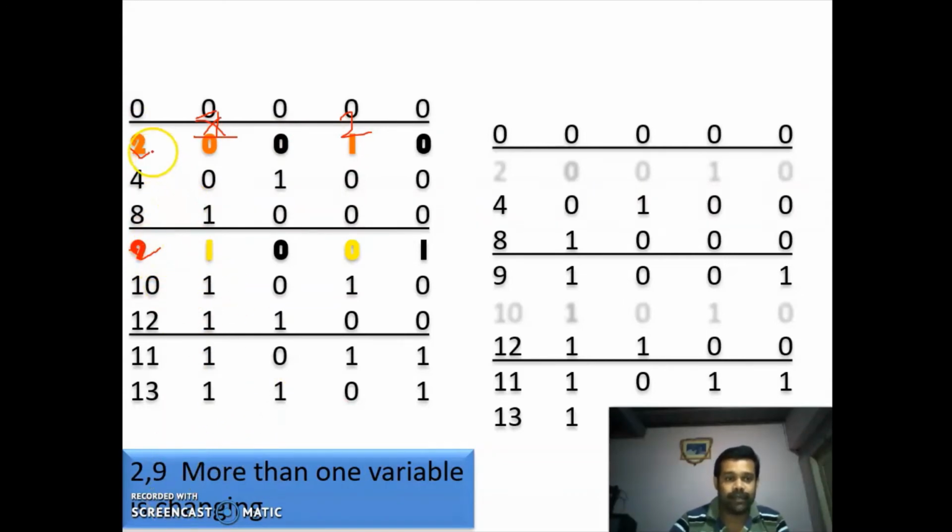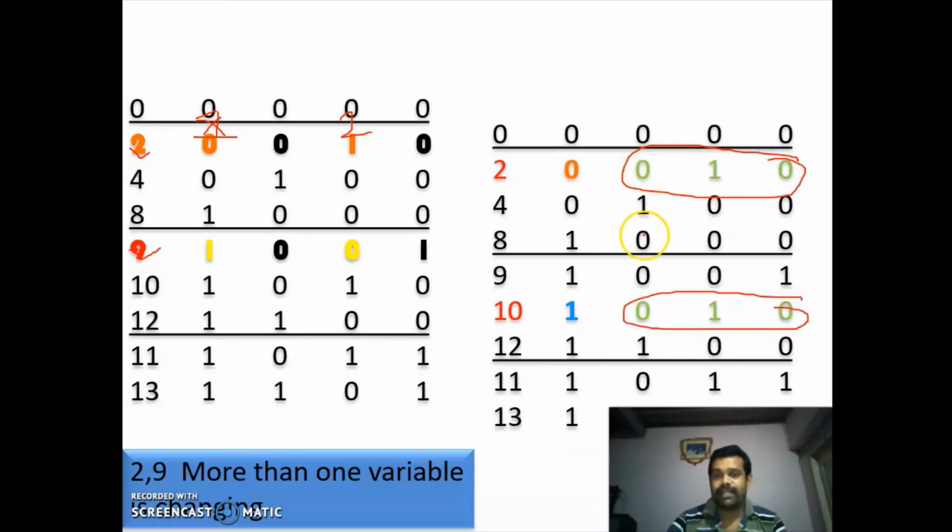Next we are going for 2 with 10. Here these three bits are the same. The green indicates the bits are the same. Here you have 0, 0, 0, 1, 1, 0, 0.